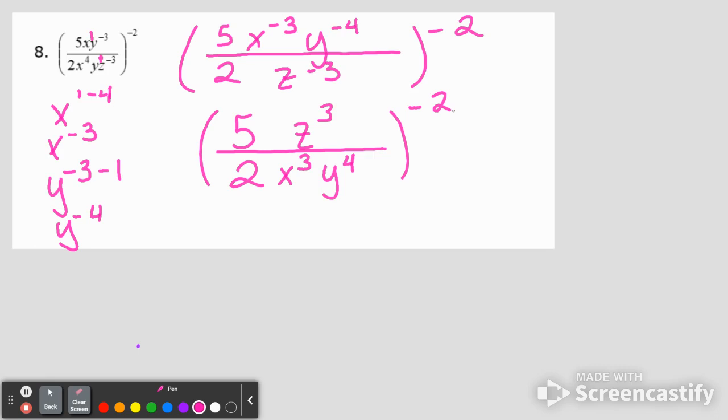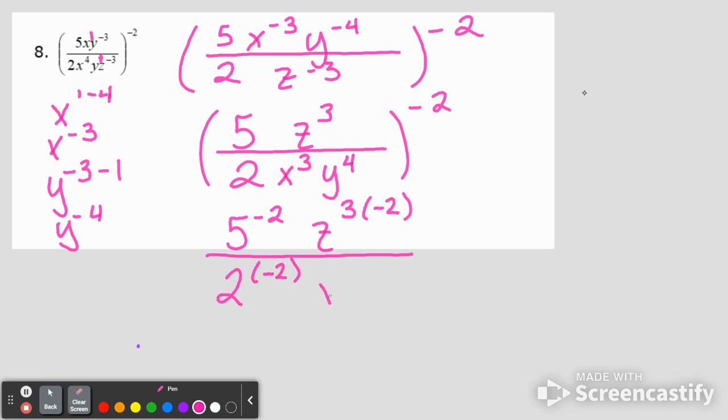So I'm going to raise 5 to the -2. I'm going to raise z, and I'm going to use the power rule. Okay. Then 2 to -2, x to the 3rd, multiply -2, and y to the 4th, and -2.